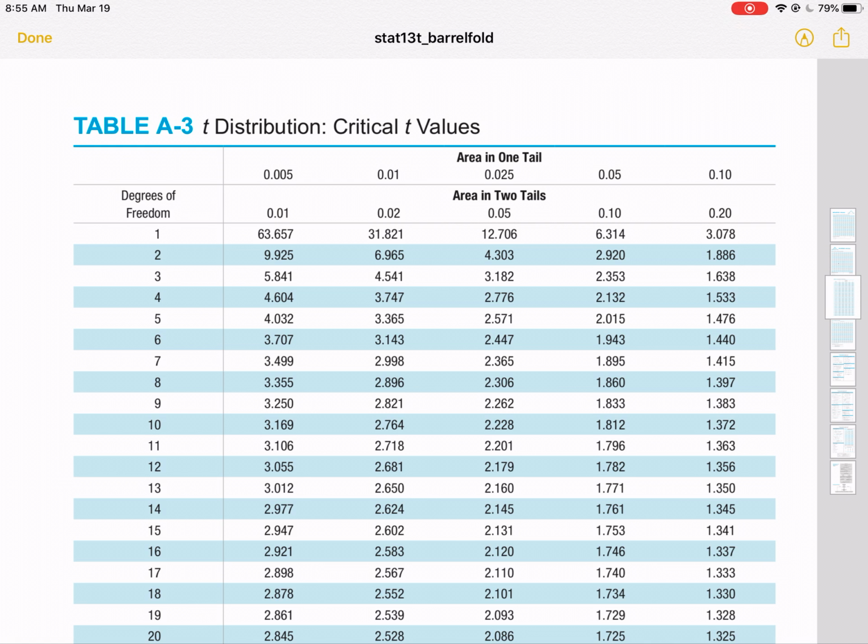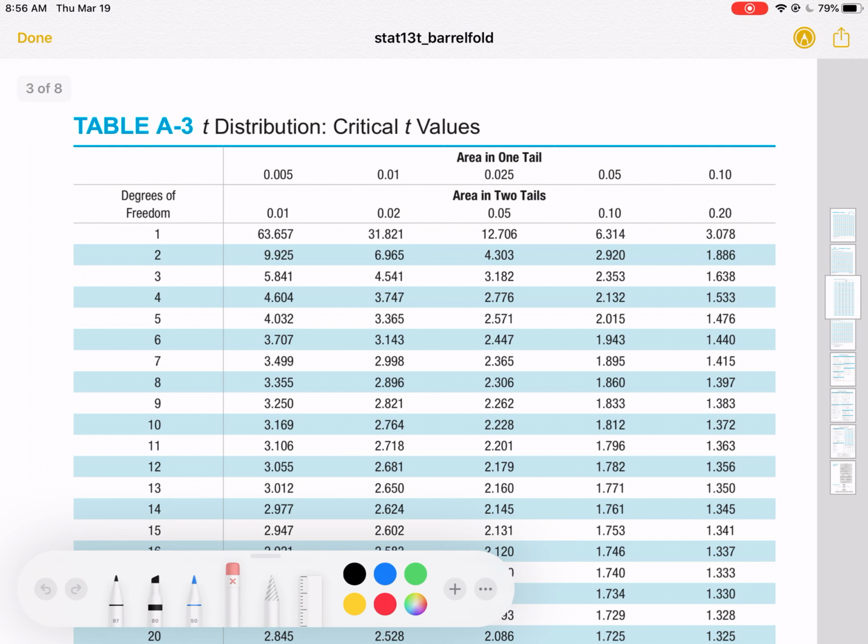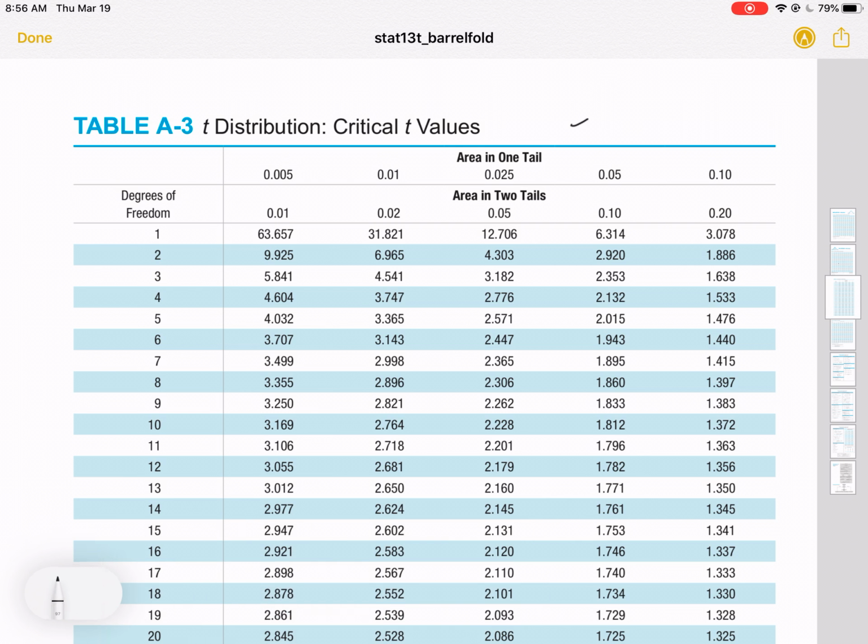So let me remind you of what we had. We were looking at maybe a 99% confidence interval.